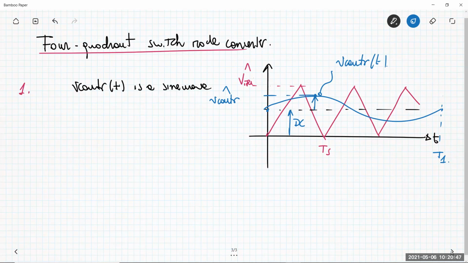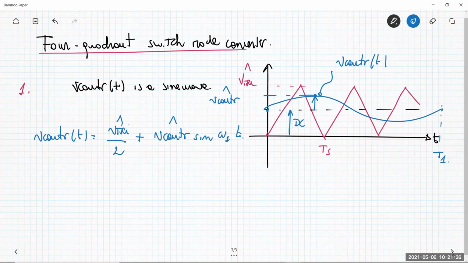So we can say that the control voltage is the sum of a DC contribution, and about the DC contribution, in order to maximize the AC variation of the sine wave, this DC contribution is exactly the peak value of the triangular voltage, plus the AC part, which is a sine wave having a peak V control peak, sine omega 1 t.